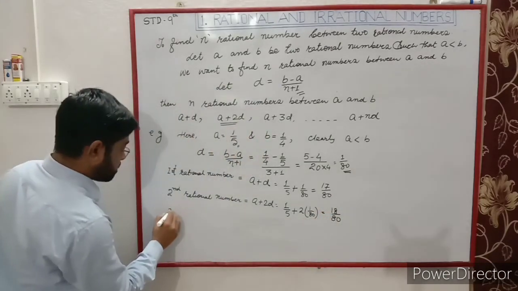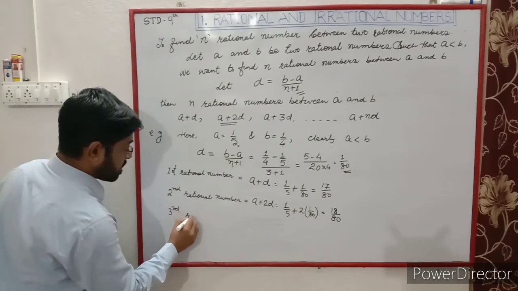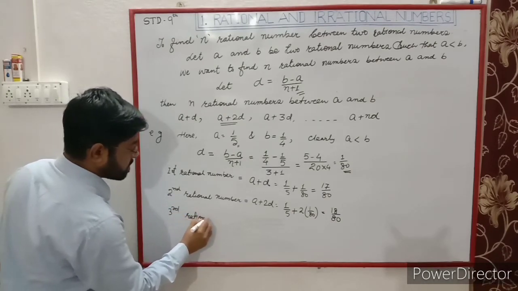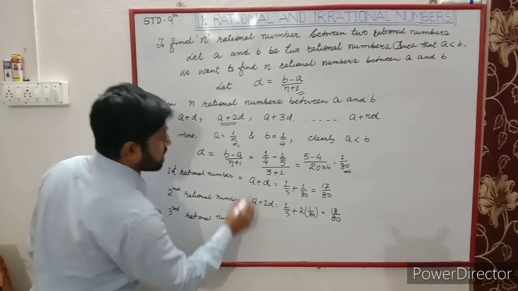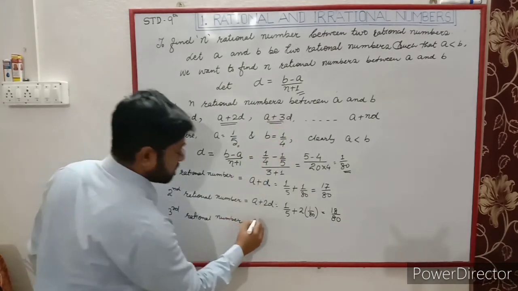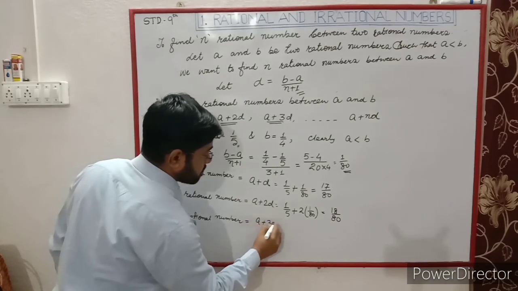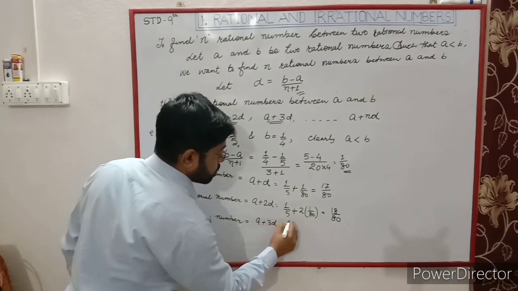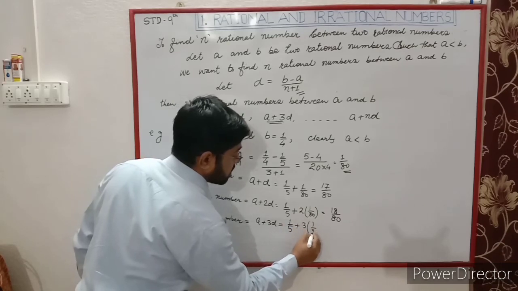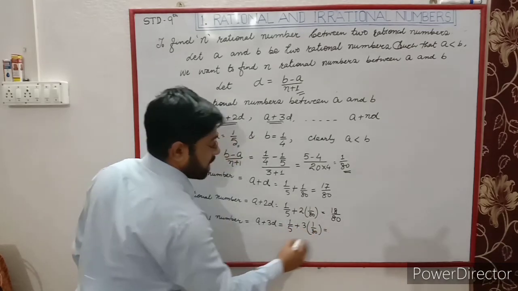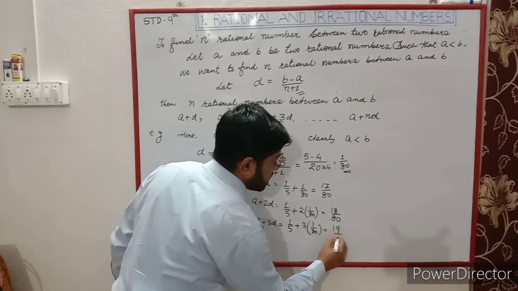Now the third rational number is a plus 3d, equal to 1 by 5 plus 3 multiplied by 1 by 80. We have 19 by 80.